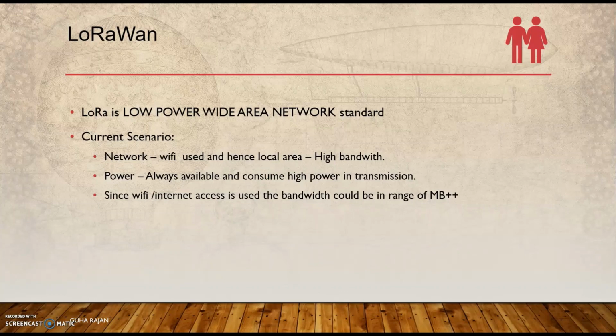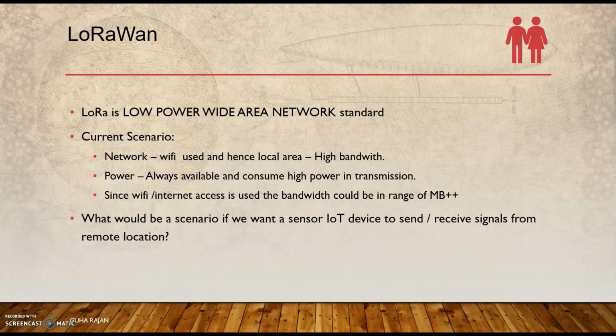But in the case of sensors, particularly a parking lot running over a few acres, or a fisherman in the deep sea where just a byte of information needs to be sent, or an industrial atmosphere where you might not have Wi-Fi connectivity, you need just narrowband connectivity, and then you need to use this technology, that is LoRaWAN.